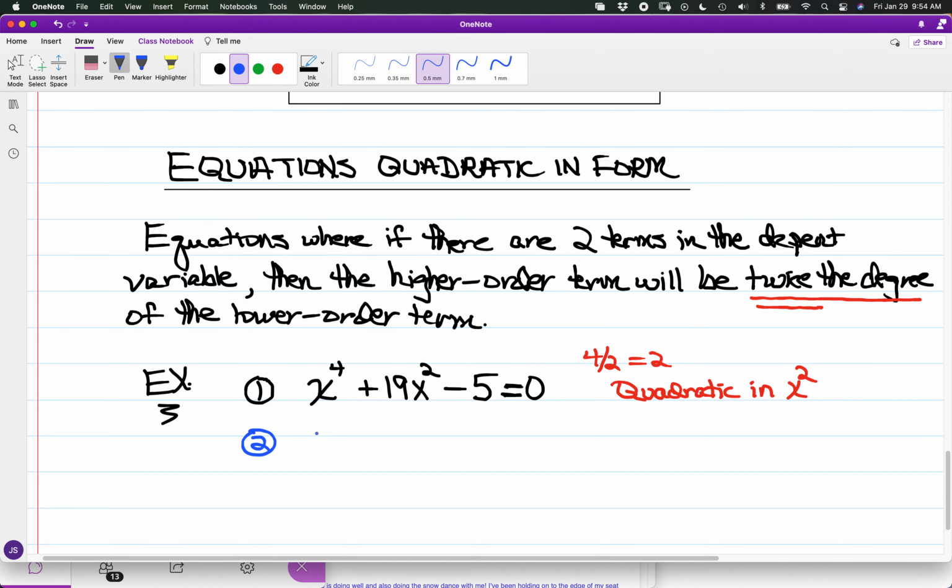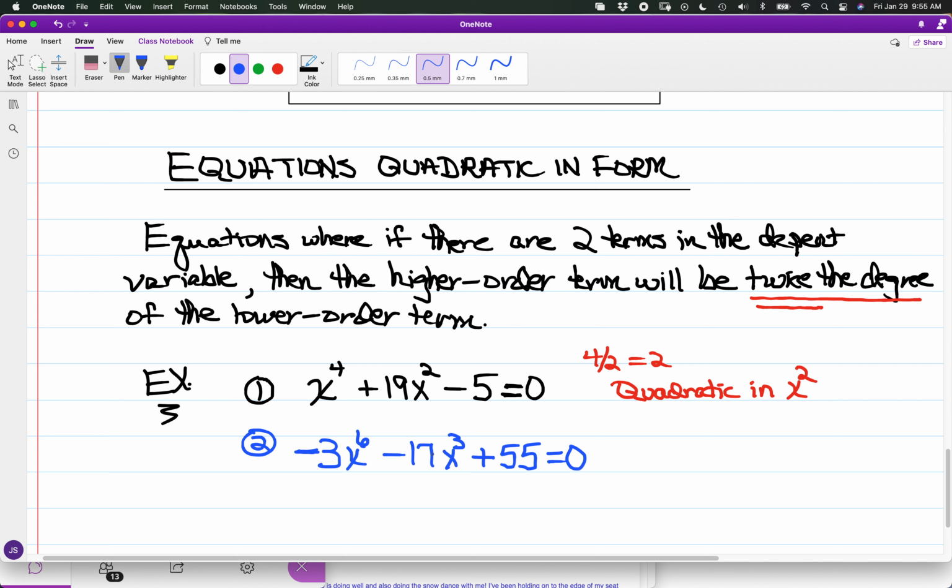And let's say that I have an equation, something like negative 3x to the sixth minus 17x cubed plus 55 is equal to 0.